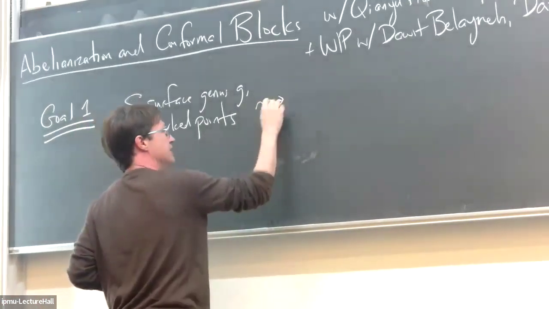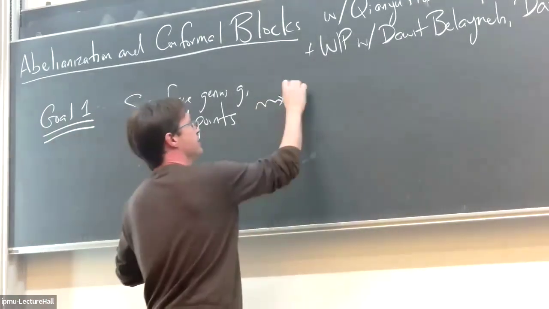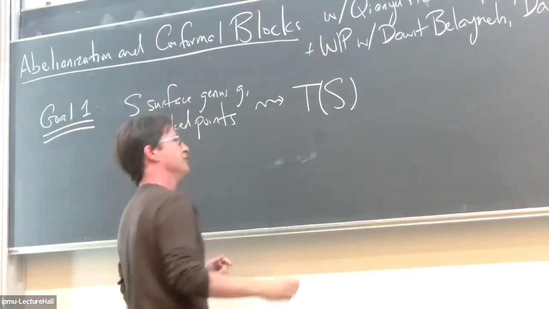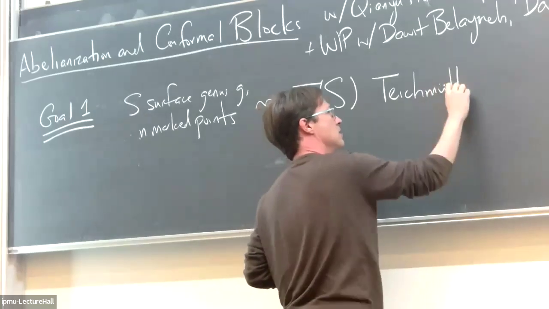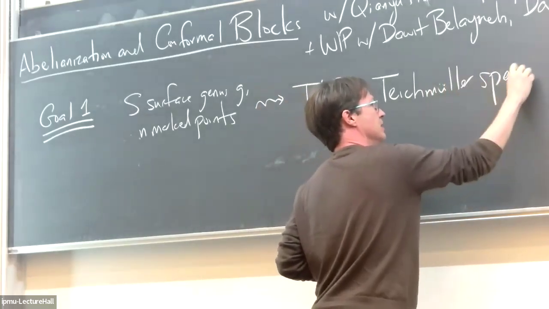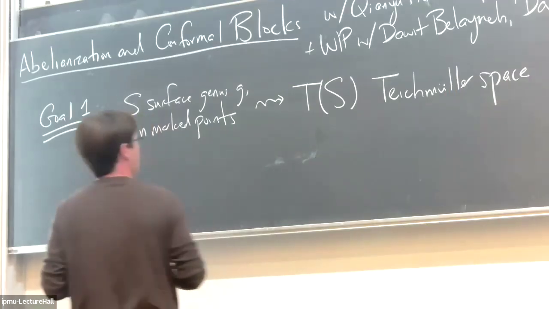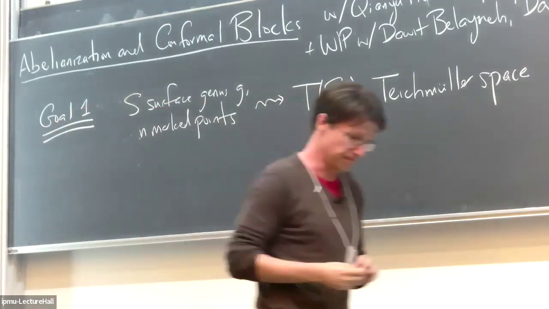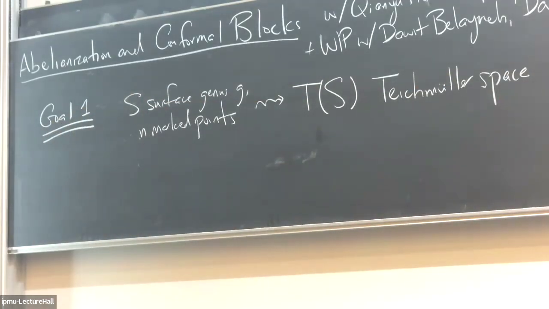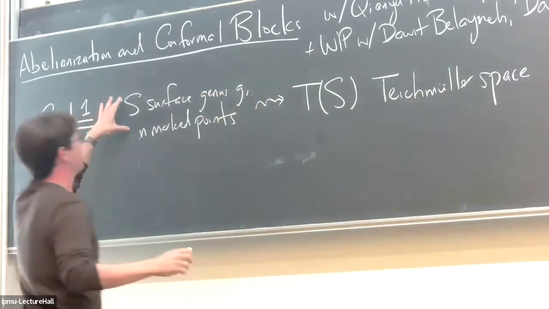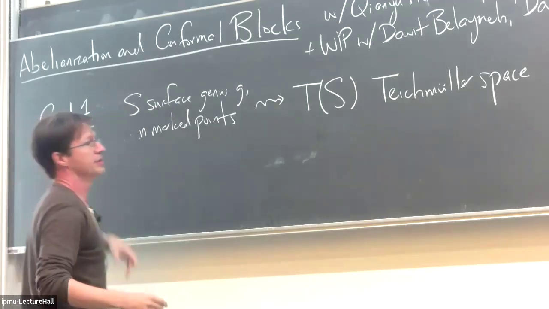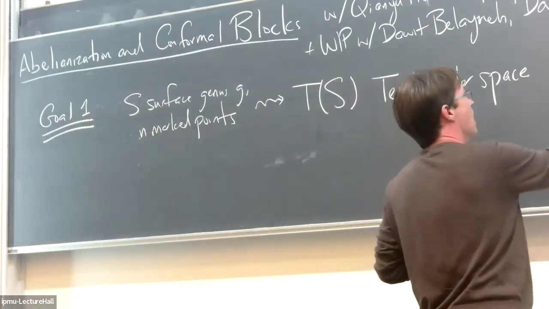Then, as participants of this conference very well know, there's the corresponding beautiful space, the Teichmüller space for that surface, parametrizing either complex structures or hyperbolic structures up to identity-connected diffeomorphisms. So a very nice and canonical space associated with the surface, which we like to study.